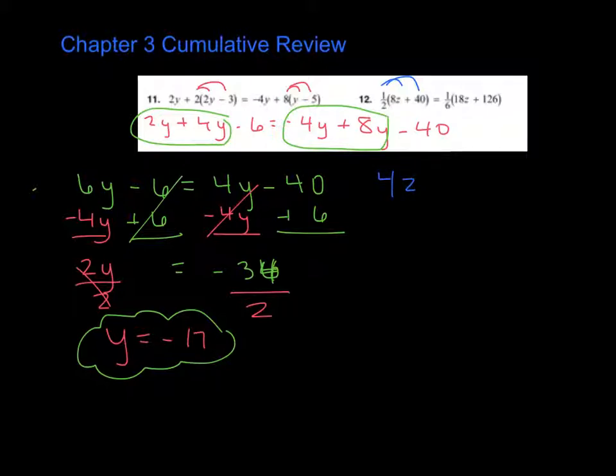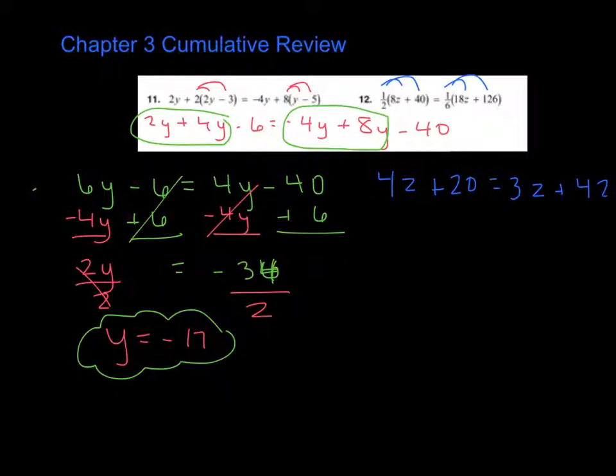Then 1 times 40 is 40, divided by 2 is 20. Okay? Then I'm doing the same thing on the other side with the 1/6. So I'm doing 1 times 18 divided by 6, which is 3z. Then 1 times 126 divided by 6 is 42.